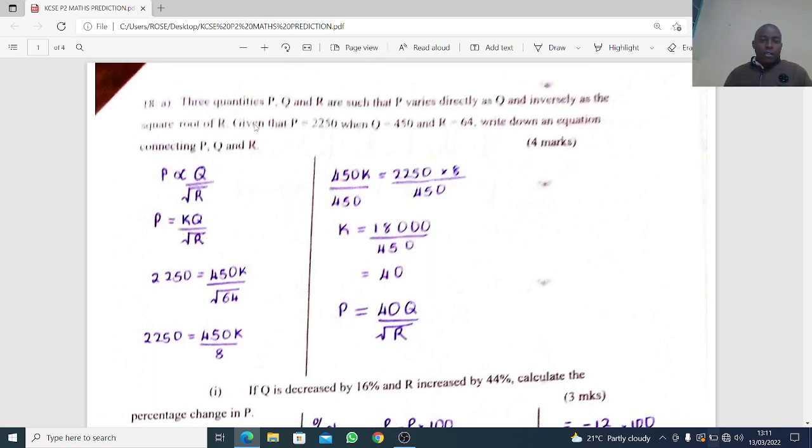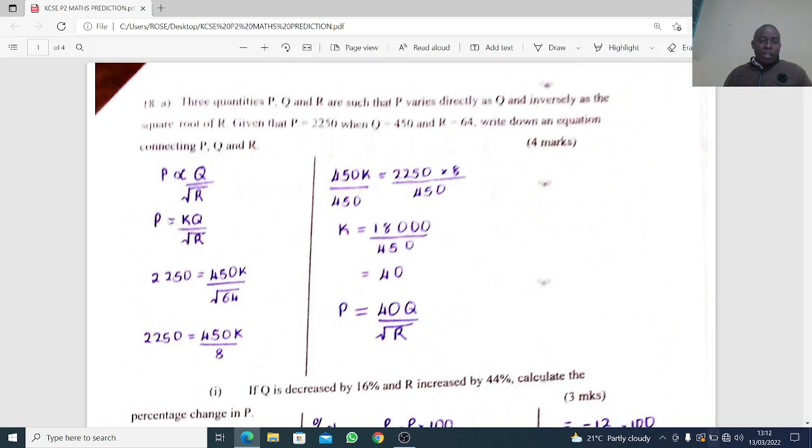So you are further given some instruction that given that P equals 2250 and Q equals 450 and R equals 64, write down an equation connecting P, Q, and R. So what you do, you need to form an equation by replacing here with the values.